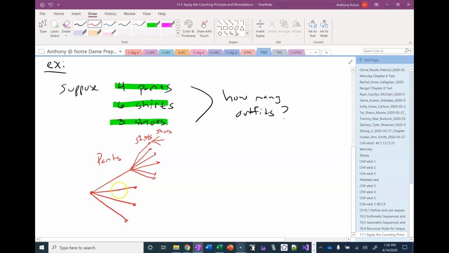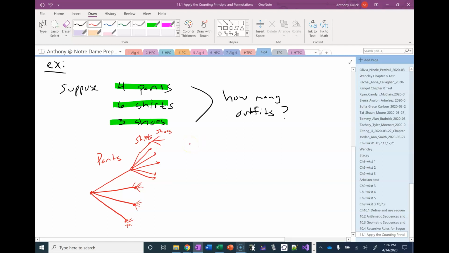So we'd have 4 branches for the pants, and in each one of those 4 branches, you'd have 6 branches for the shirts. And at each of these branches for the shirts, we'd have 3 branches for shoes. So if we counted the total number of branches at the end, we'd have the total number of possibilities.